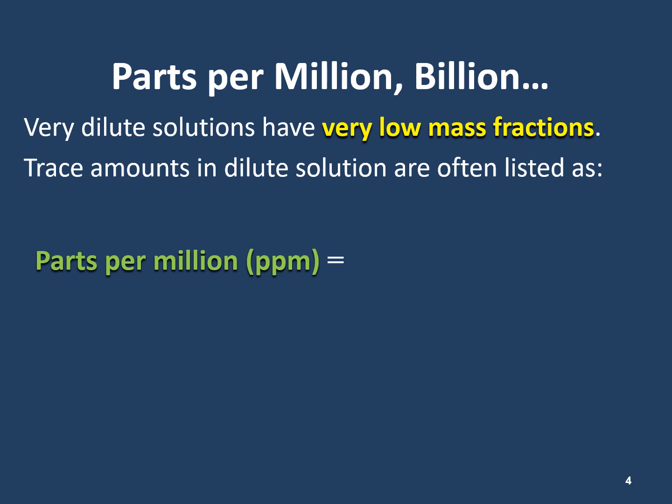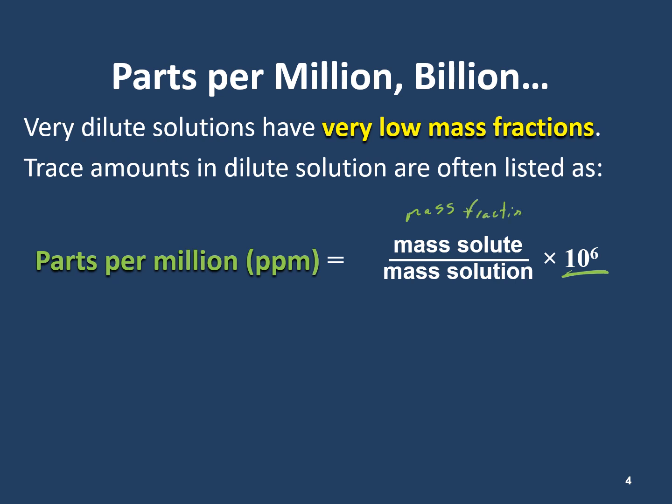So how do we calculate these units, or what are they defined as? Really, parts per million is your mass fraction times a million, or 10 to the 6, right? So this is just times a million here. And this is our mass fraction here. And that's pretty much the case for all of these.